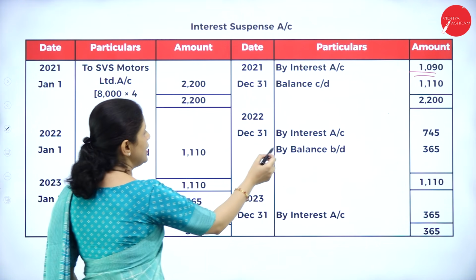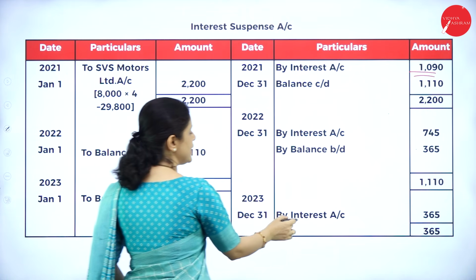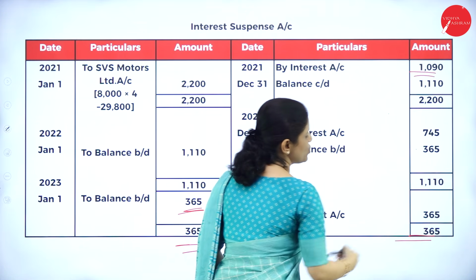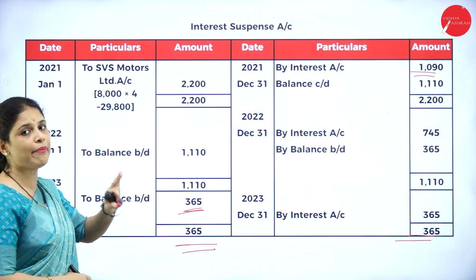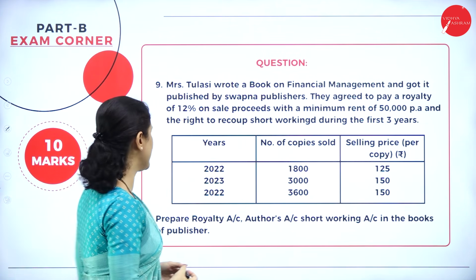That means this balance we wrote here, and third year interest will be 365. That means it's tallied. Whenever we are writing, there should not be any balance at the end of the third year. Now let us do the next question.